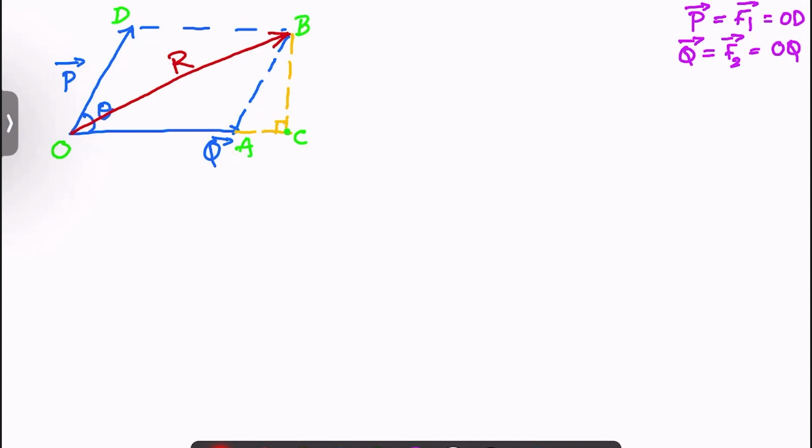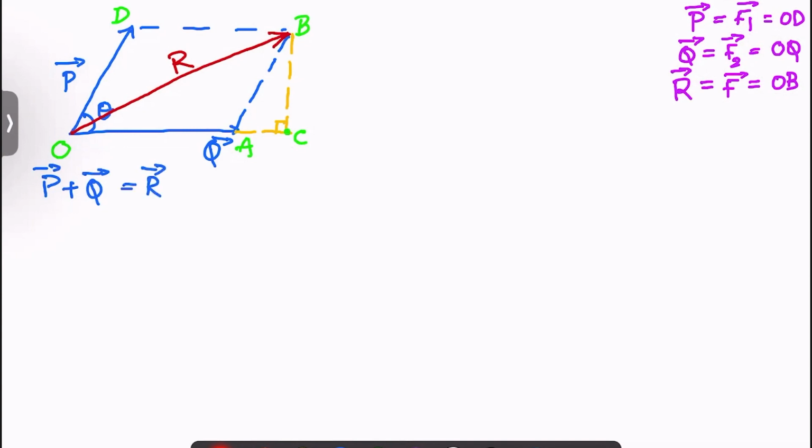And vector R is the resultant of F, which is equal to OB. So in simple terms, we can say, using vector algebra, this is the notation that we will be using. P plus Q equals R. Okay. So how did this come?